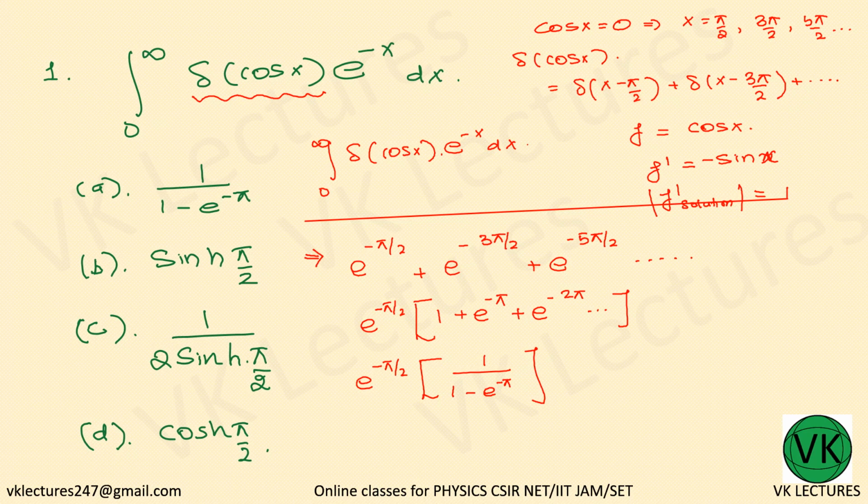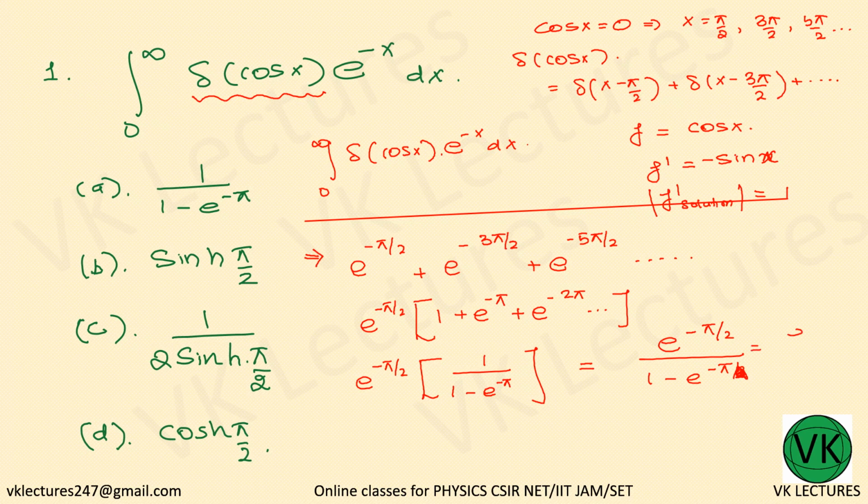Now what you can do is multiply the numerator and denominator by e to the power pi by 2. Sorry, this is not pi by 2, this is pi.